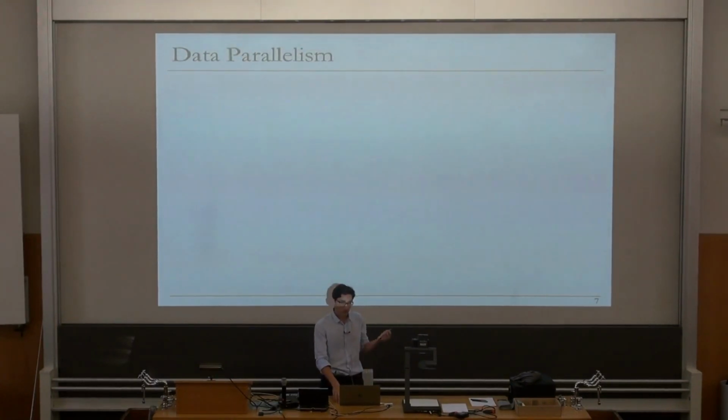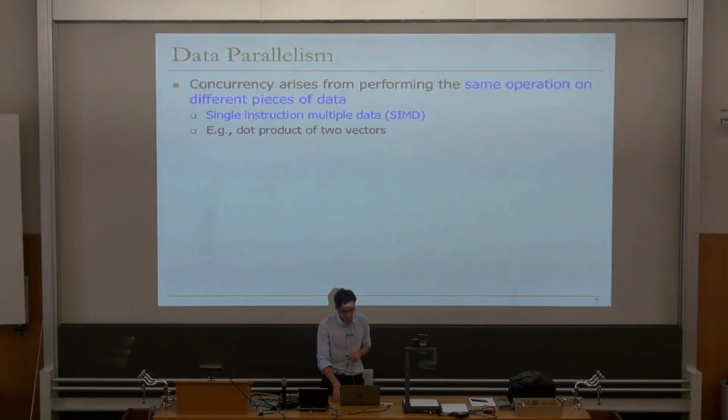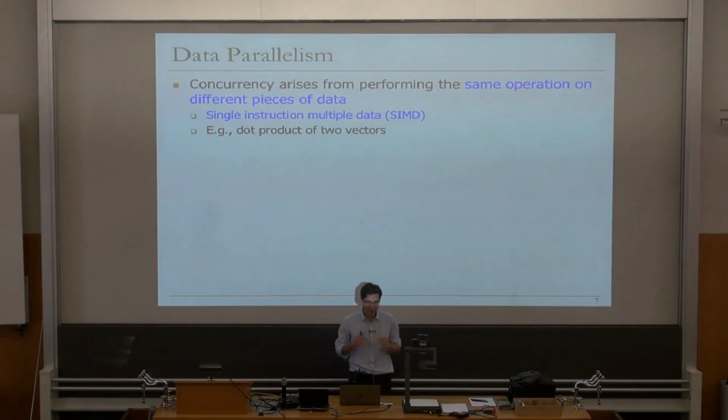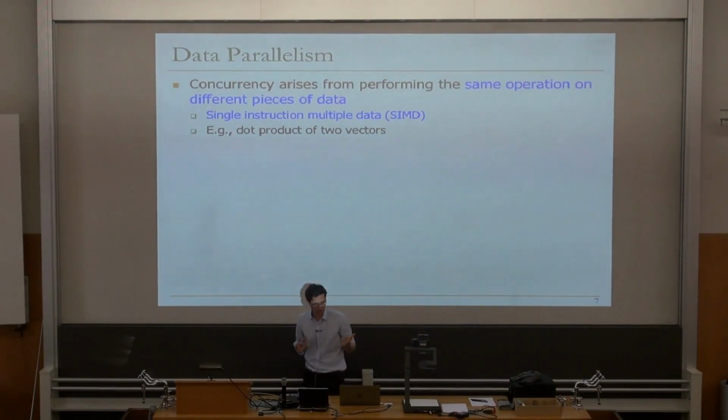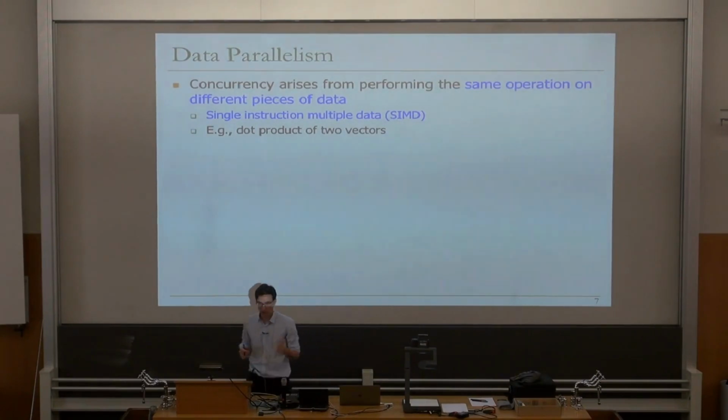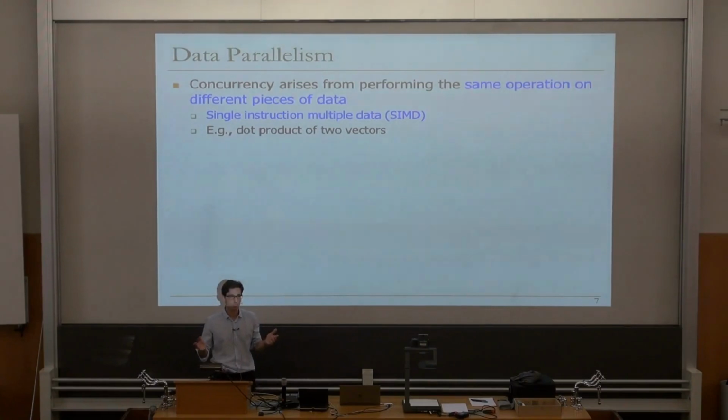So, as I said, for SIMD processors, it will be good that we have inherent data parallelism in our workloads, because concurrency arises from performing the same operation on different pieces of data. That's what we call SIMD. You have an example there, the dot product of two vectors. We will talk about it later, but if you want an even simpler example, just think about incrementing the elements of one vector, of one array.